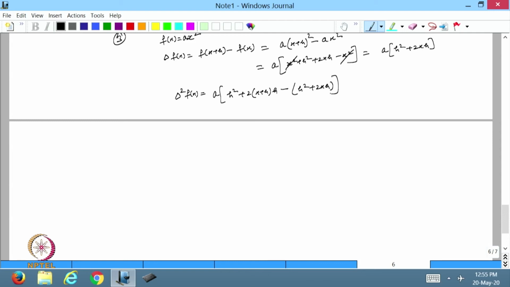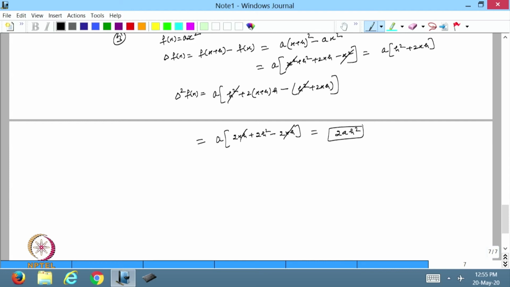I am just applying directly from here, and you can see that this will cancel out with this, and I will get a, and now I am applying my operator here. So I will get 2xh plus 2h square minus 2xh. This will cancel out, and it will be 2ah square, and that is the constant value.